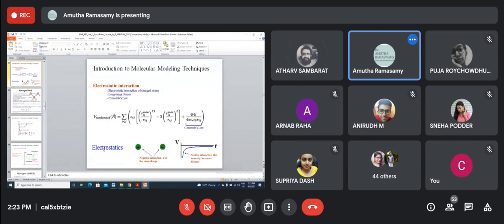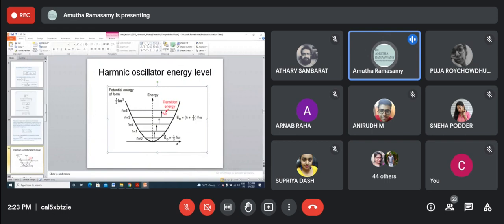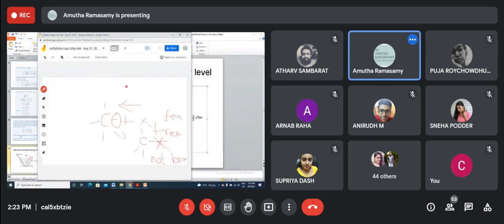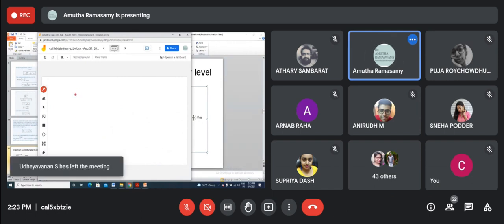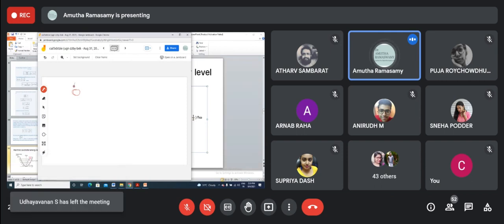Yes, ma'am. So in such a scenario, we are thinking about a little correction in this one. What does it mean? I have a particle A, one atom A, and it is interacting with B. For example, this is O2.